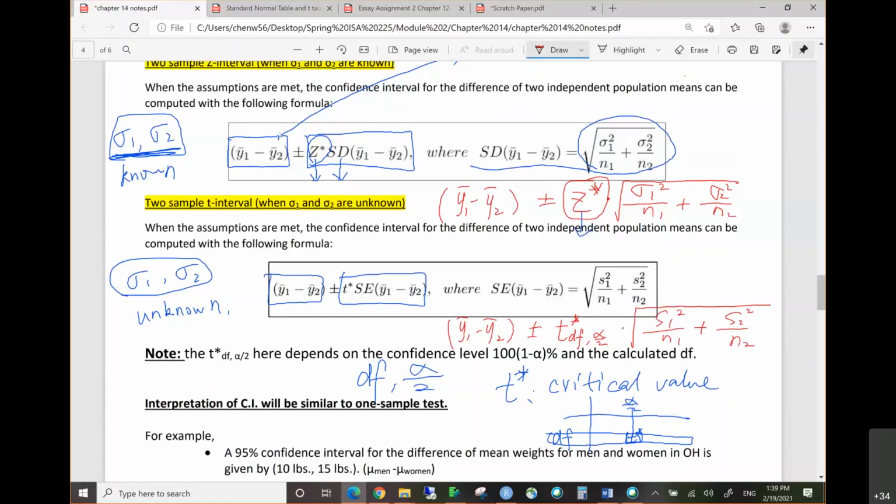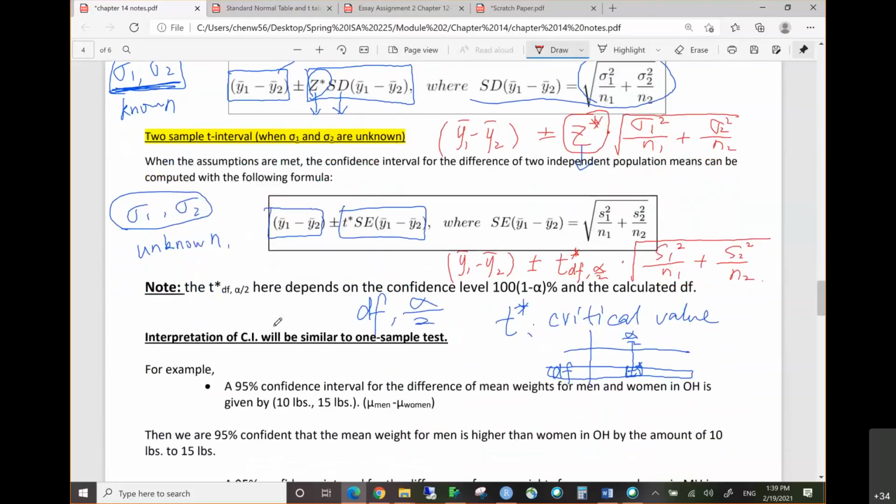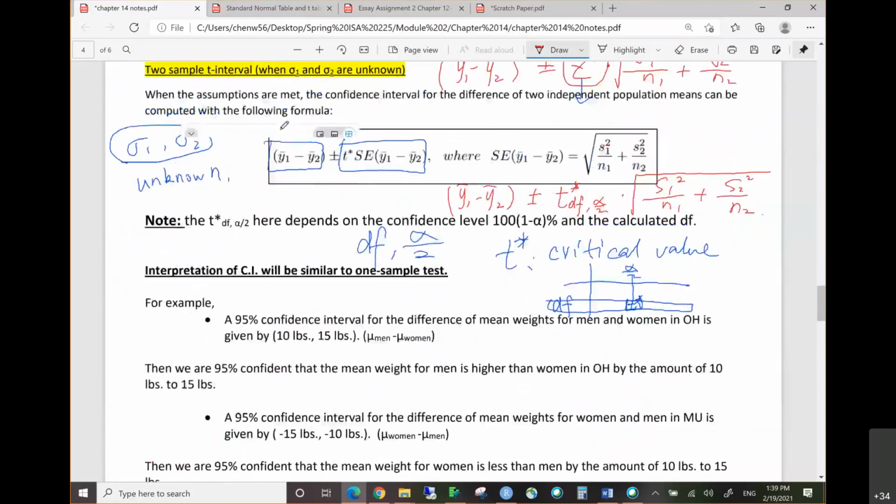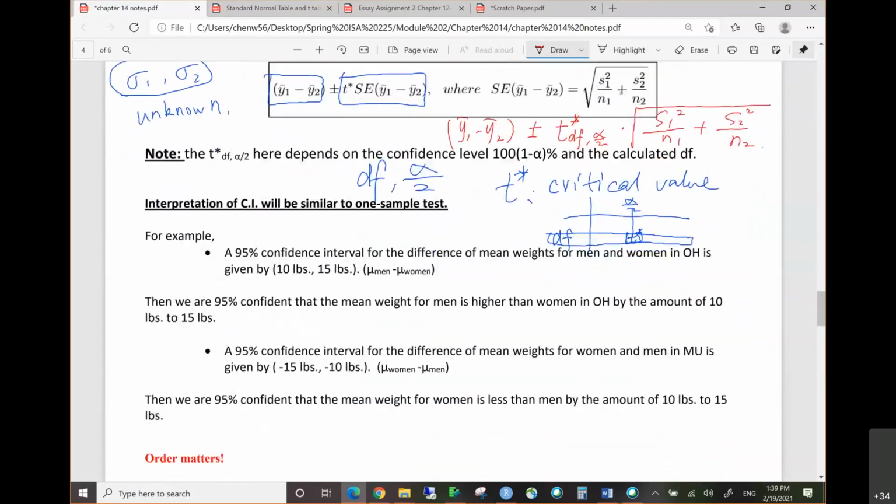All right. Once the confidence interval is calculated by this formula, we always need to make the interpretation of it. So if this confidence interval is for mu of men minus mu of women, that means when you calculate the confidence interval, you need to use the sample mean of men minus the sample mean of women.